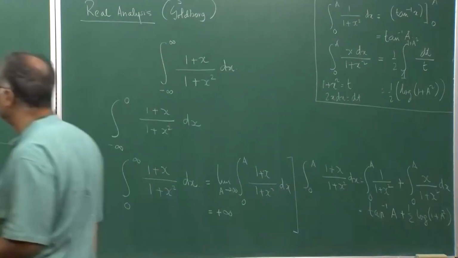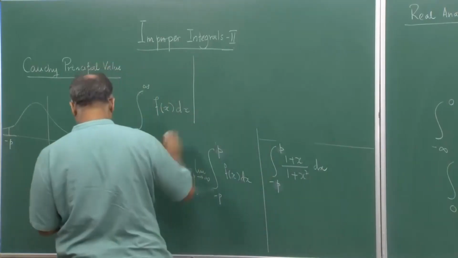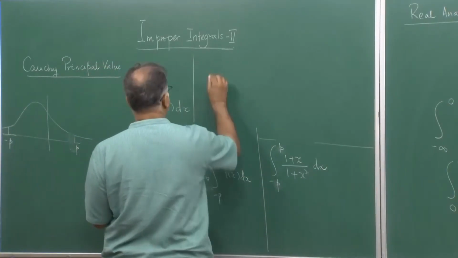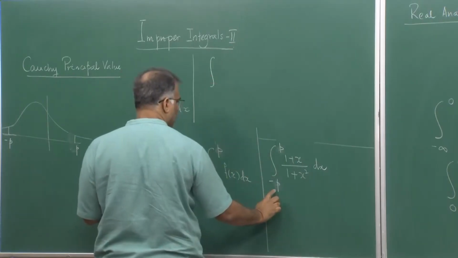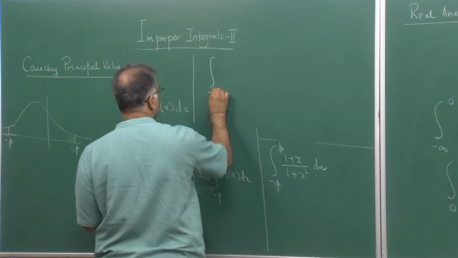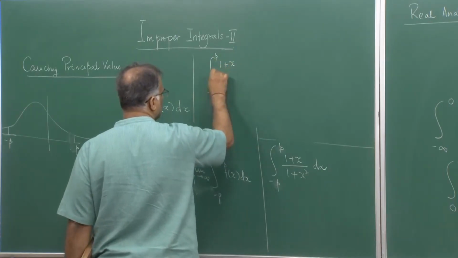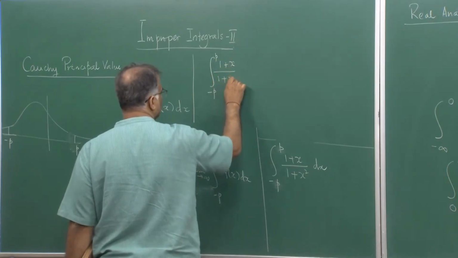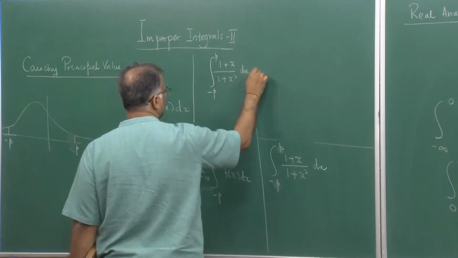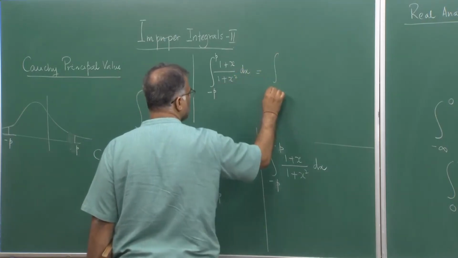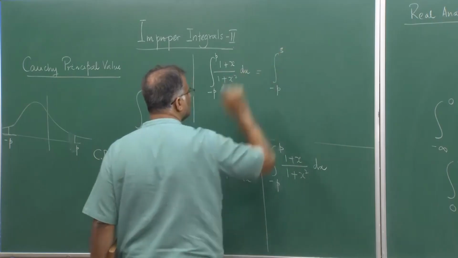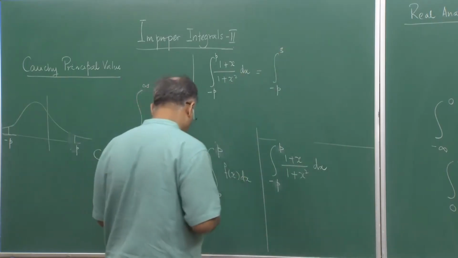We take this function. So, instead of minus p to plus p, we will make it slightly simpler in the calculation.